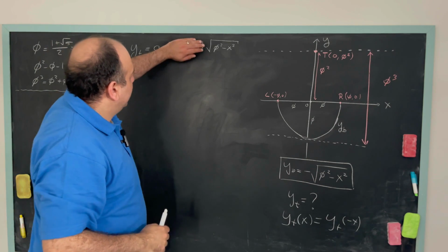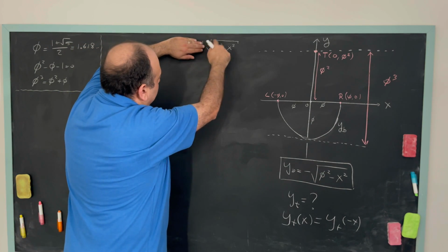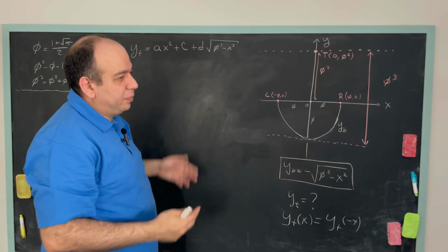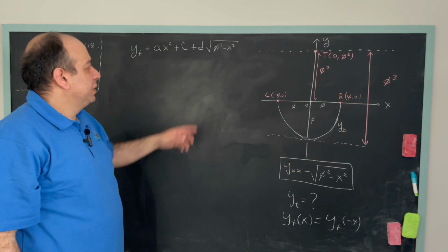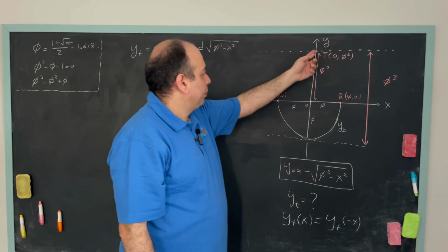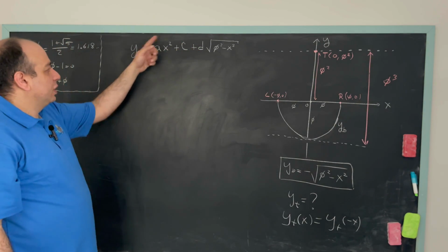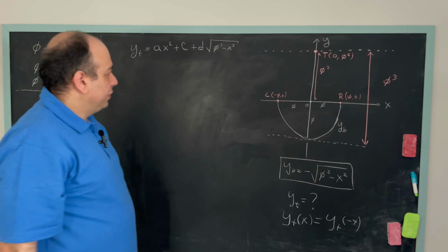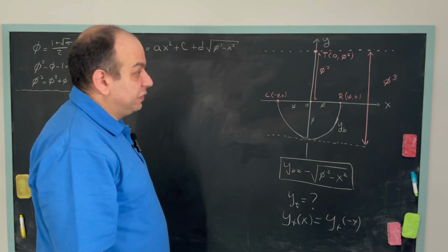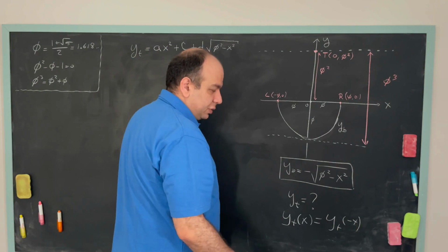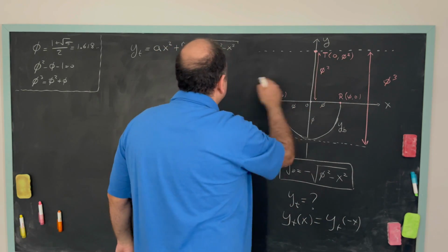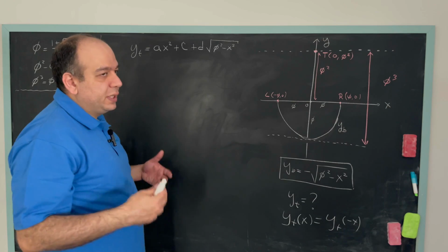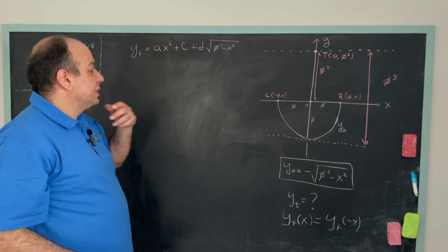If I just look at this function here, square root of phi squared minus x squared, this is nothing but the top portion of the circle, right? However, this doesn't go through this top point, right? That's why we need this quadratic. In the end, we also see that this is an even function of x, right? It also satisfies this requirement. So the shape is going to be symmetric, right? The main goal here is to find this a, c, and d.